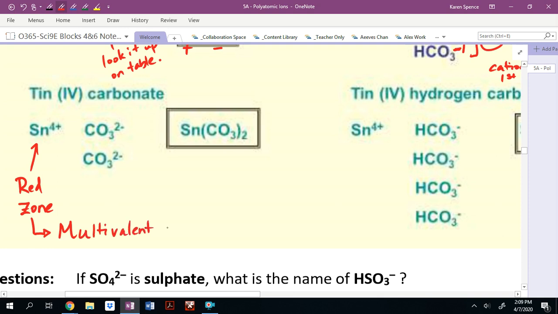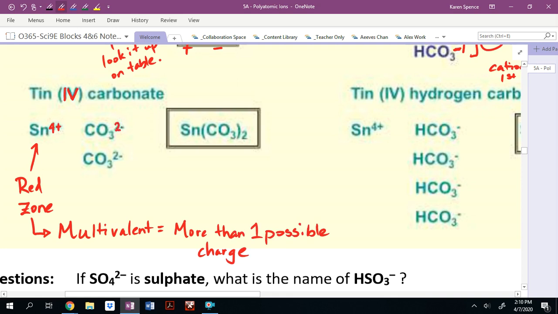What does it mean to be multivalent? If a metal is multivalent, that means that it has more than one possible charge, which means that we need to have a Roman numeral to tell us what that charge is. And 1 before 5, I before V, is 4. Okay, so there's our 4 positive charge.